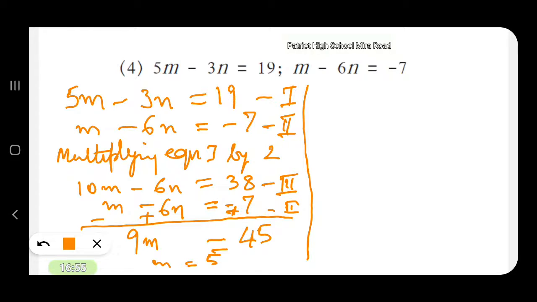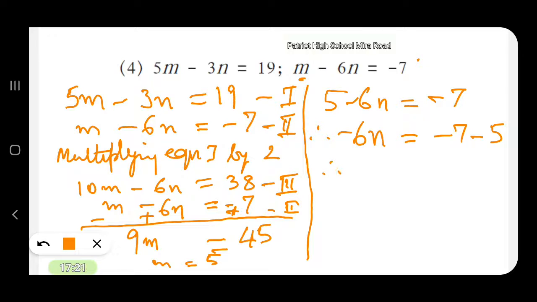Substituting the value of m in equation 2, instead of m we will write 5. 5 minus 6n is equal to minus 7. Therefore minus 6n is equal to minus 7 minus 5.